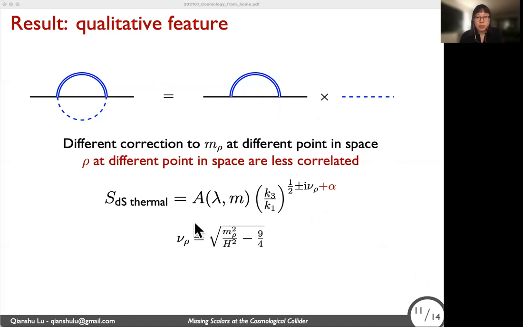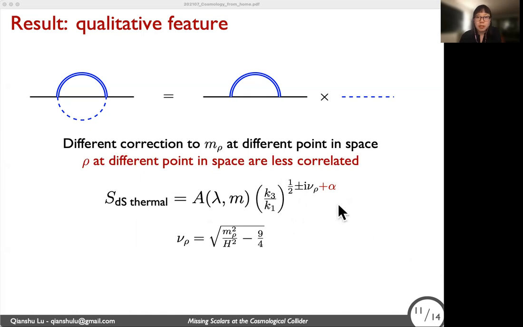Now here, we see that this is indeed translated to a loss of correlation in the inflaton 3-point correlation function, since a positive alpha means that the function is decaying faster with smaller ratio of K3 to K1. Decaying faster at large distance means the function is losing coherence at larger distance. Okay, so this is the qualitative feature of our signal, which matches our physical understanding.